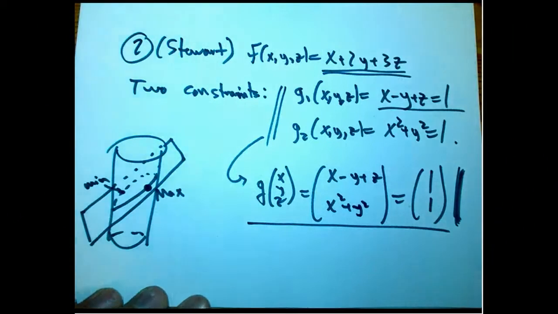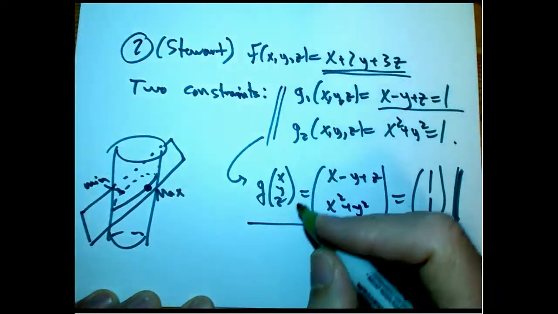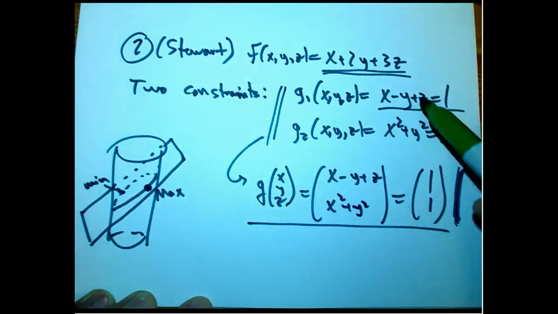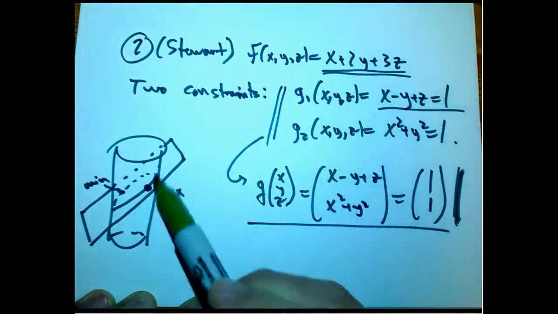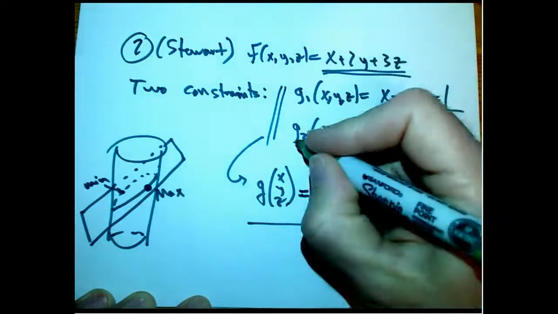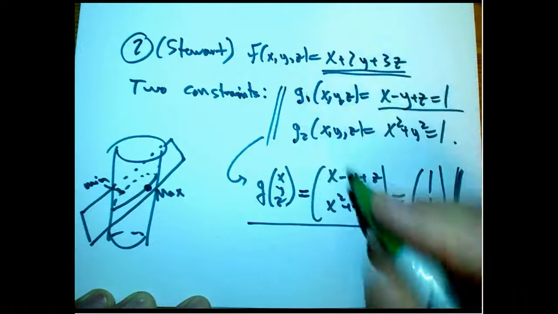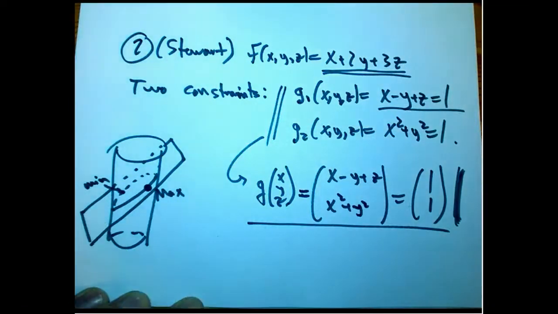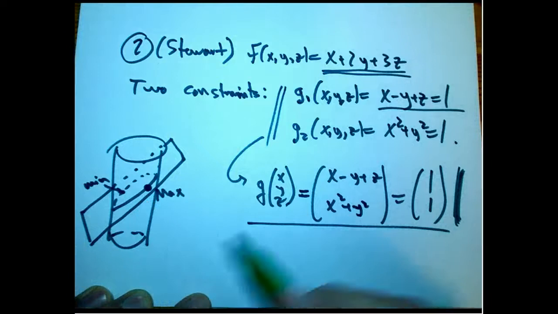Okay, so let's see. All right, so what do we need for this to be a nice set? If we're going to use the implicit function theorem to guarantee that this constraint set is nice and that good things will happen when we do derivatives, when we do Lagrange, what do we need?